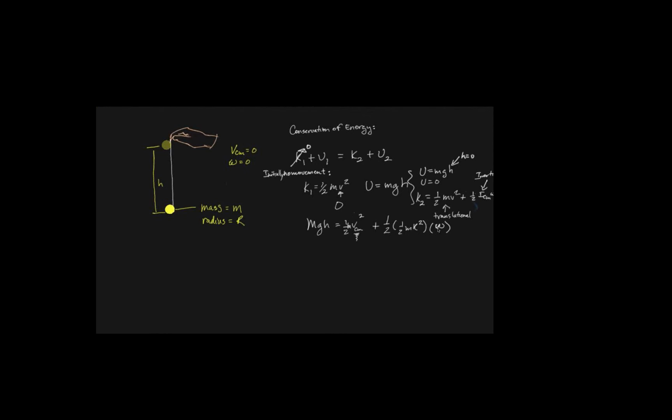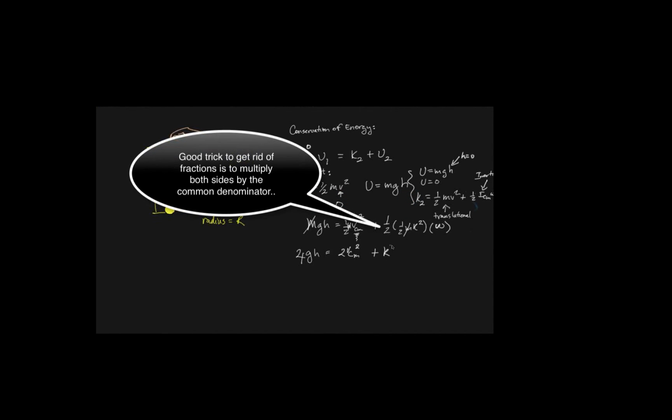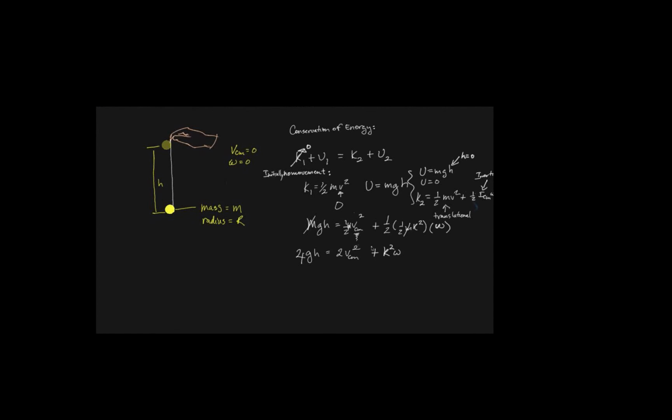None whatsoever. Okay. We can then cancel the masses. I'm going to multiply both sides by 2 to get rid of the fractions. Actually, by 4. Now, what do you see here? I see velocity of the center of mass, which is also equal to r times omega, because of that equation we did a few problems back.